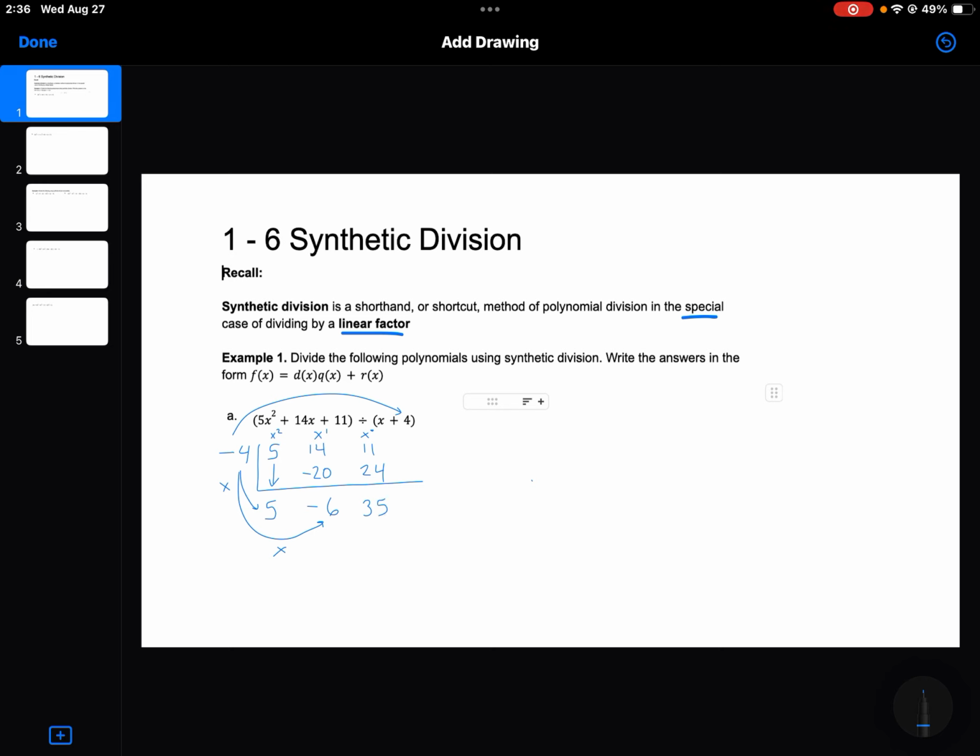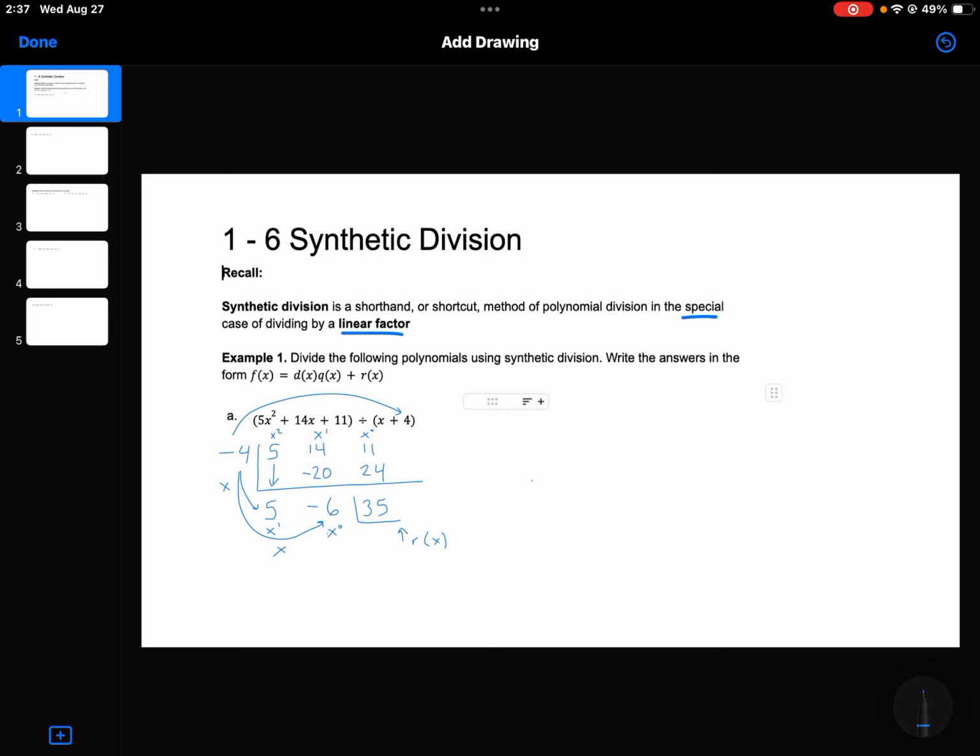And then I'm going to fill in the x's, but I'm going to start from the right. So the number at the very far right is my remainder. My term right beside it is my constant term, or my x to the 0 term. And then the term third from the right is going to be my x to the 1 term.